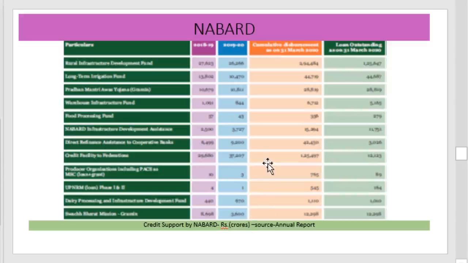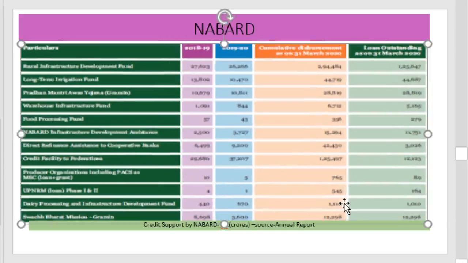Mainly, the major amount was given to the development of credit support by NABARD during 2018-19 and 2019-20, as given in this section.